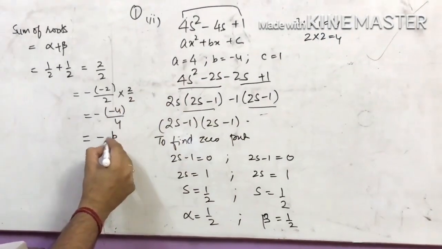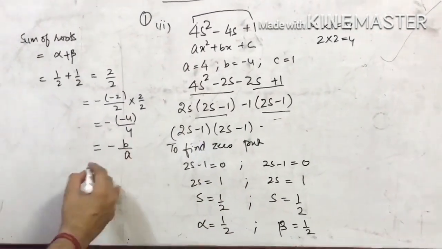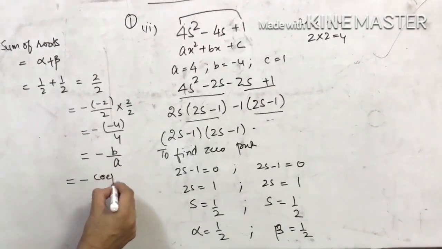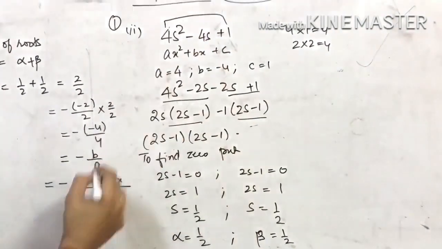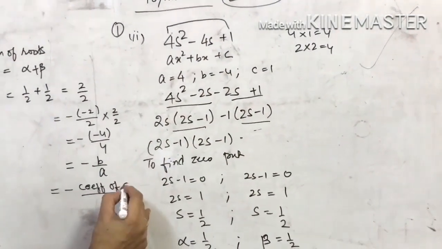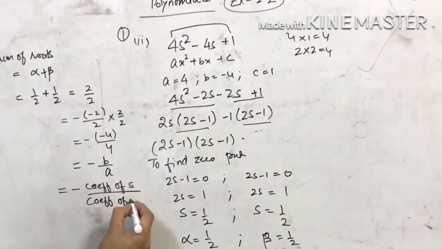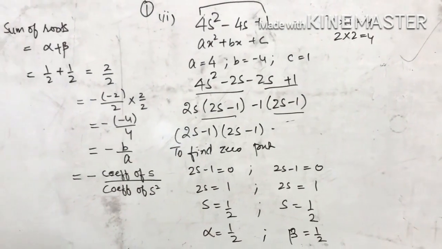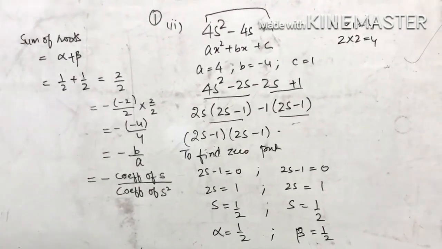It is B. So B, what is 4? 4 is A. So what you got? Minus B by A. What is minus B means? Minus coefficient of x divided by coefficient of x square. You can see you have proved that sum of roots relationship is also working fine.